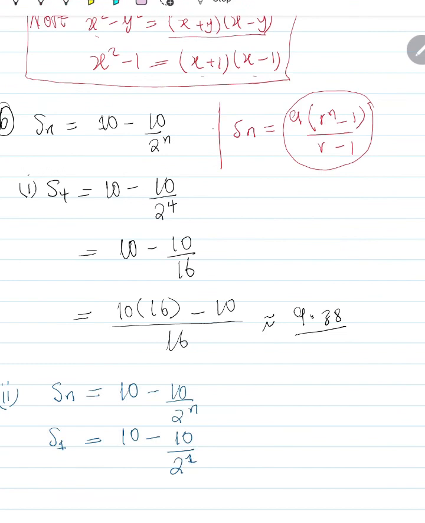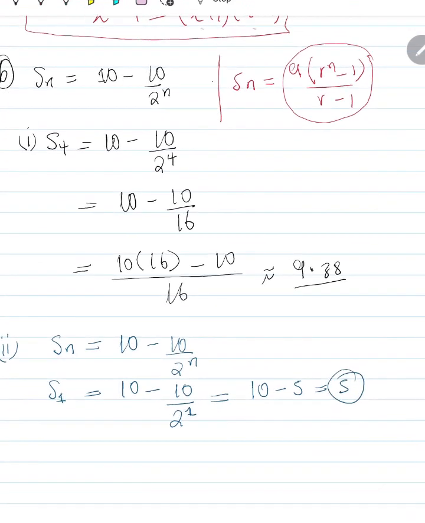Actually, this was a trick question because you don't know any information about this sequence to say how many terms there are. You only have a formula for Sn, but you want the first term, so S1. So S1 will be 10 minus 10 over 2, which is 10 minus 5, which is equal to 5.